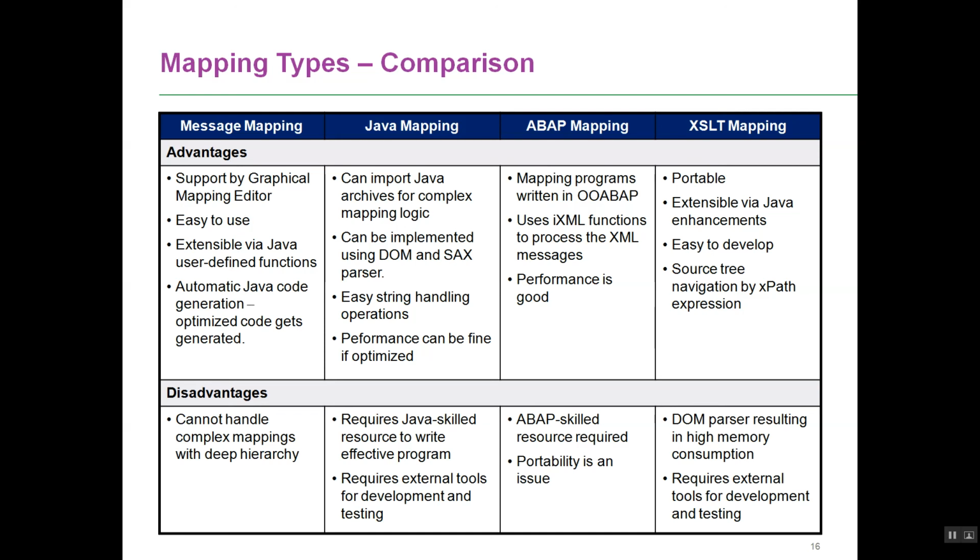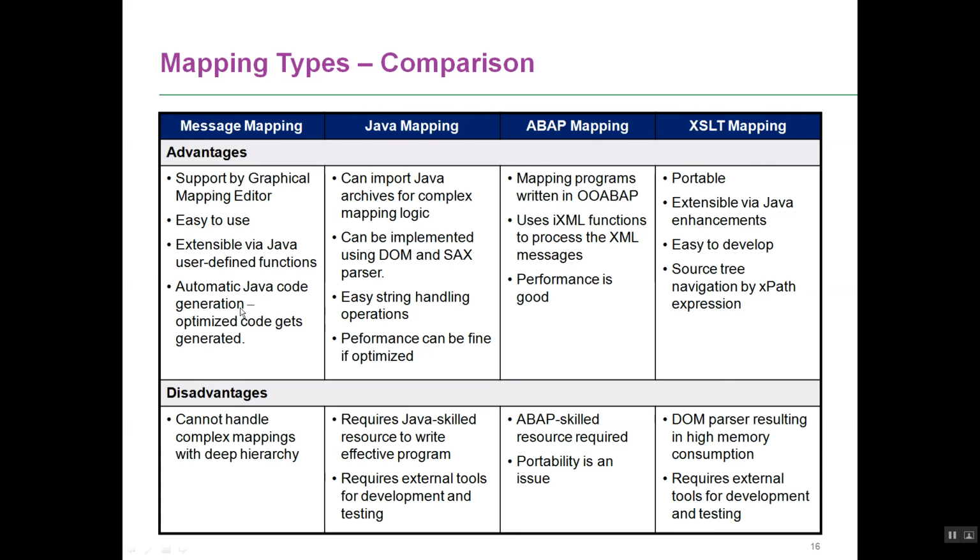But what you need to understand is message mapping also provides a lot of customizations and extensions using Java user-defined functions. What happens to your graphical mapping when you activate it is that in the backend it generates a Java code. So in the real world, when the mapping gets executed it is actually executing a Java code, but all the drag and drop that you're doing internally generates that Java code.